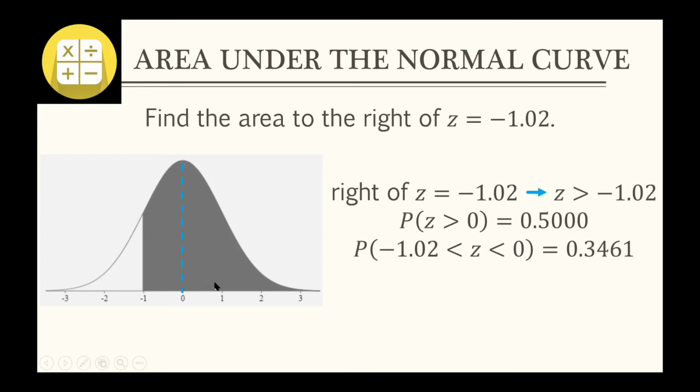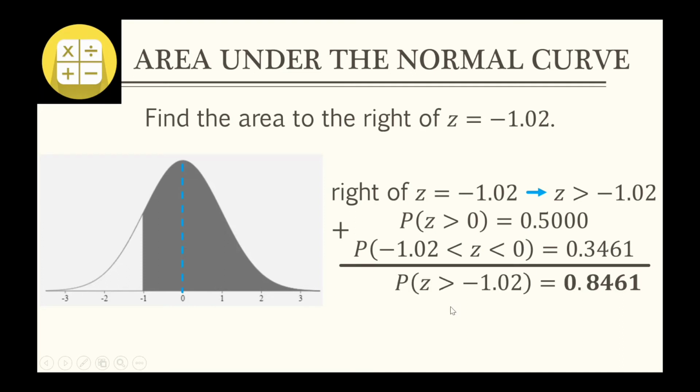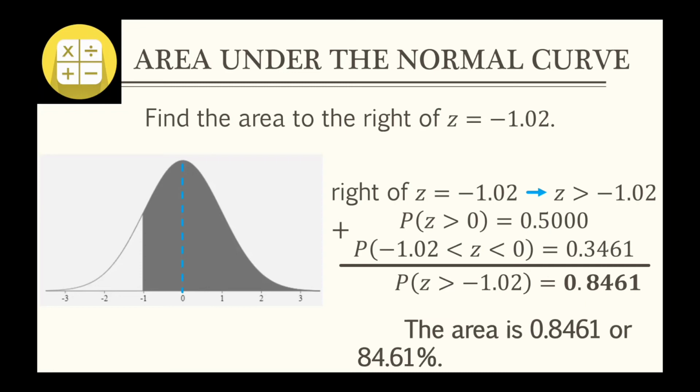Since nahalata naman sa graph na lagpas siya sa 50%, so we will be adding these two areas. That is the probability of z greater than negative 1.02 is equal to 0.8461 or in percent, that is 84.61%.